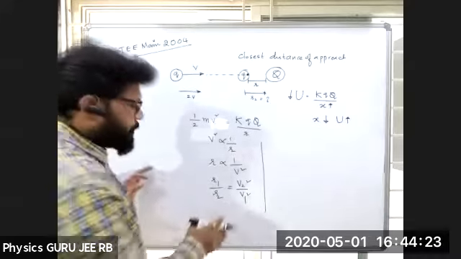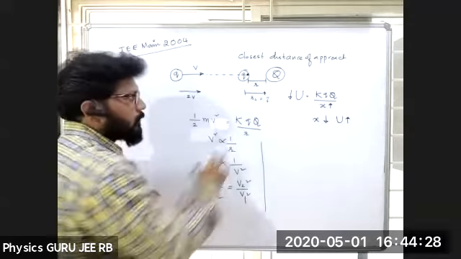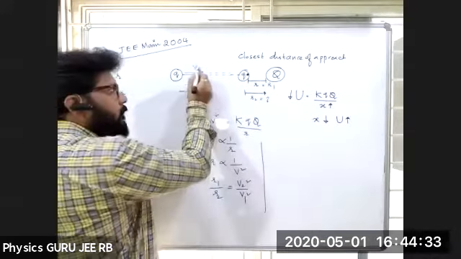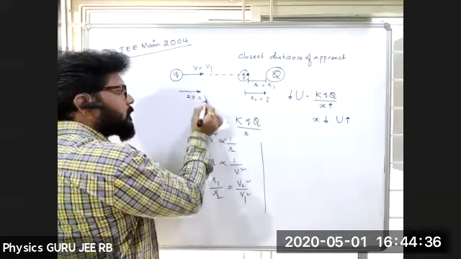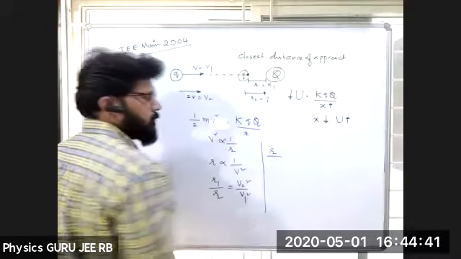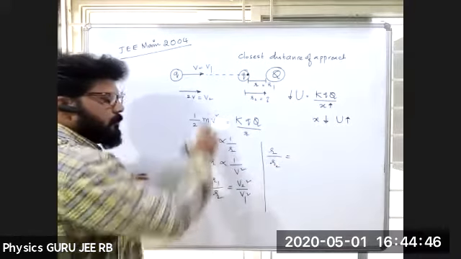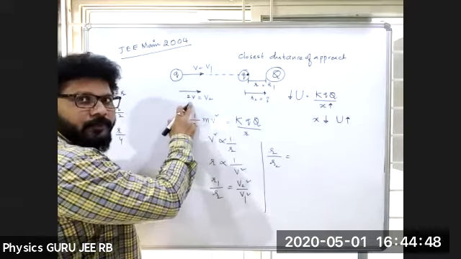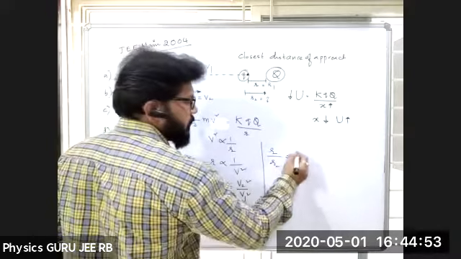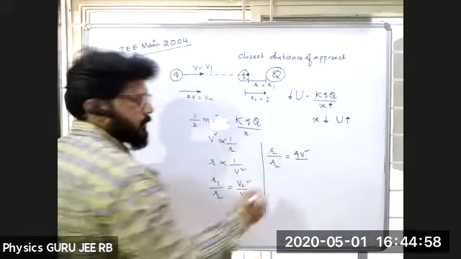Now R1 by R2 is equal to v2 square by v1 square. R1 is R, R2 is what we have to find, v2 is 2v since it is projected with 2v, so v2 square is 4v square, divided by v1 square, which is v square.